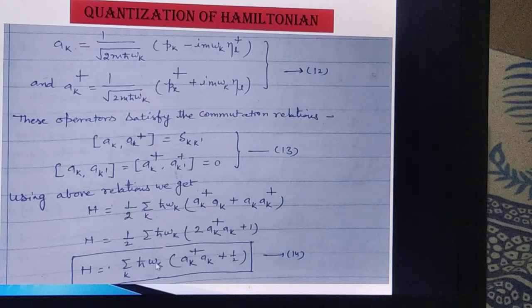So omega is replaced by omega k, and the operators a dagger and a are replaced by ak dagger and ak. So this is about the coupled harmonic oscillator problems.